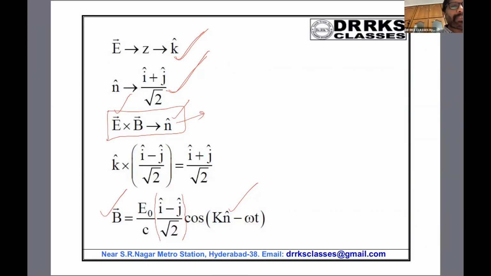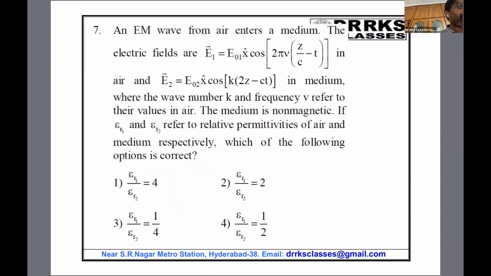Let us take the next one. It's a slightly different one. An electromagnetic wave from air enters a medium. The electric fields E1 and E2 are given. k is the wave number and the frequency is nu.